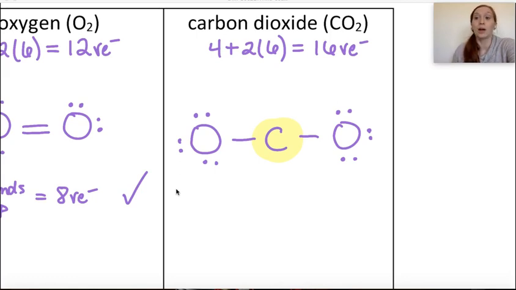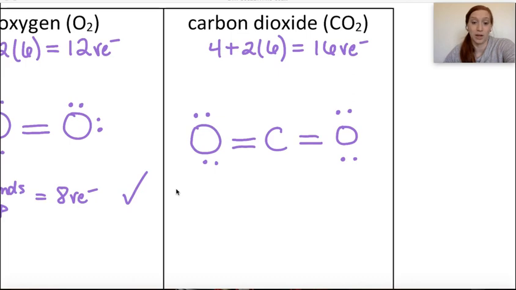In order to do that, we're going to have to move lone pairs. So I'm going to take 1 lone pair from the oxygen on the right and shift it to be a shared pair, giving us a double bond. We do the same thing on the other side. Take my lone pair of electrons, change it into a shared pair, making another double bond.